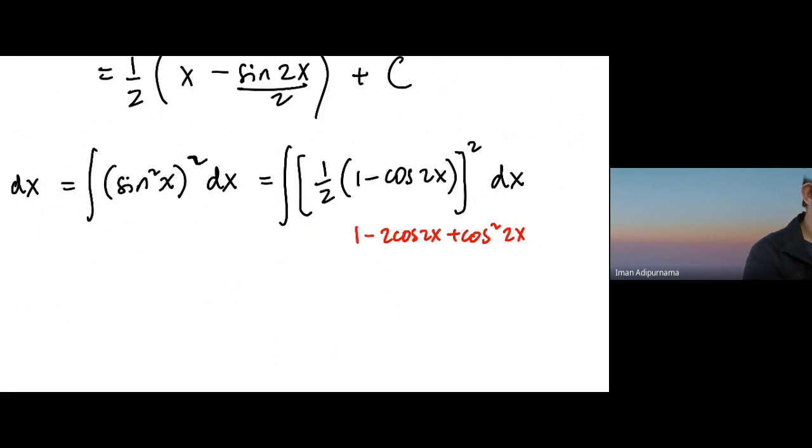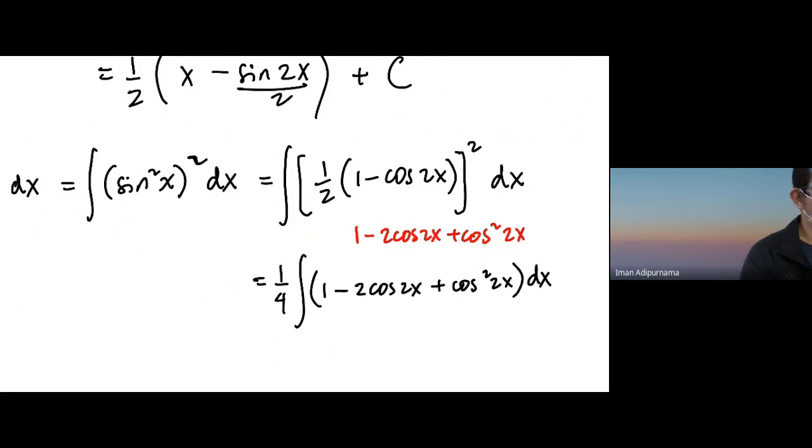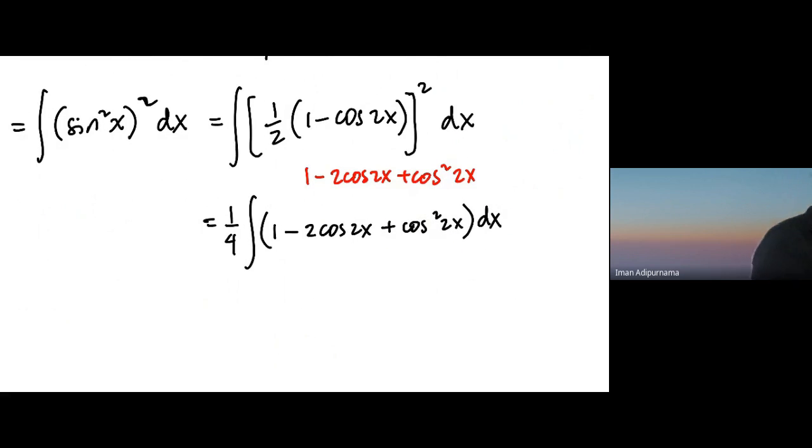So spend some time to solve this. And we get 1 over 4. Let me just factor out. So this will be 1 minus 2 cos 2x plus cos squared 2x and then dx. We got another one here, cos squared 2x.